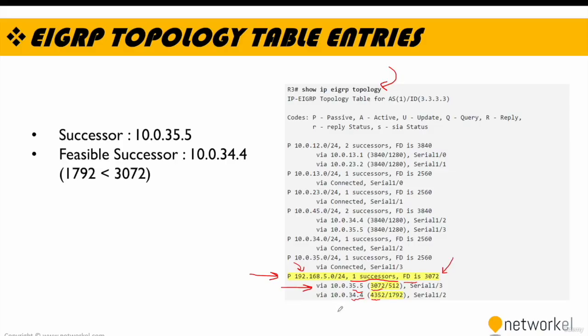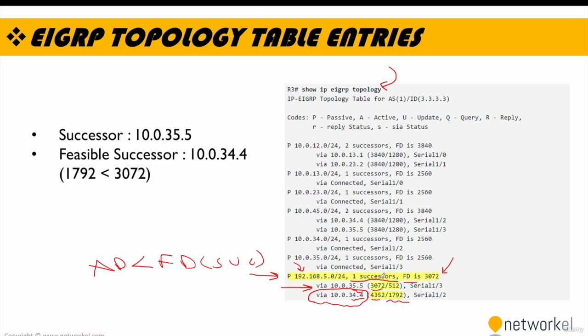That is another question. The feasible successor is this one because it matches the criteria, which is that the AD should be smaller than the FD of the successor. What is the FD of the successor? It is 3072, as you can see. What is the AD for this one? That is 1792.